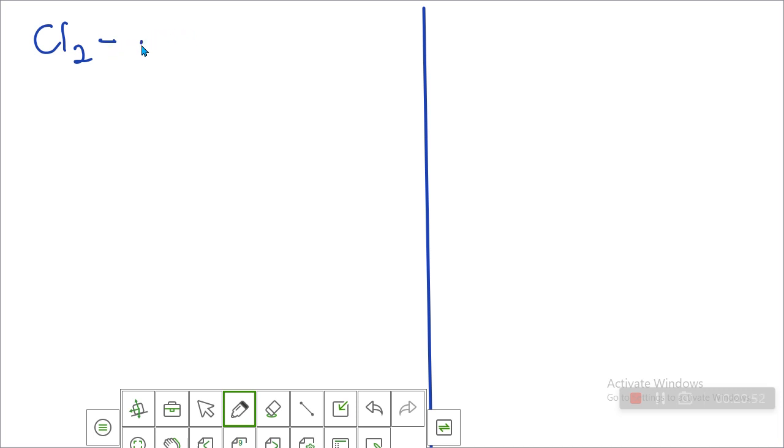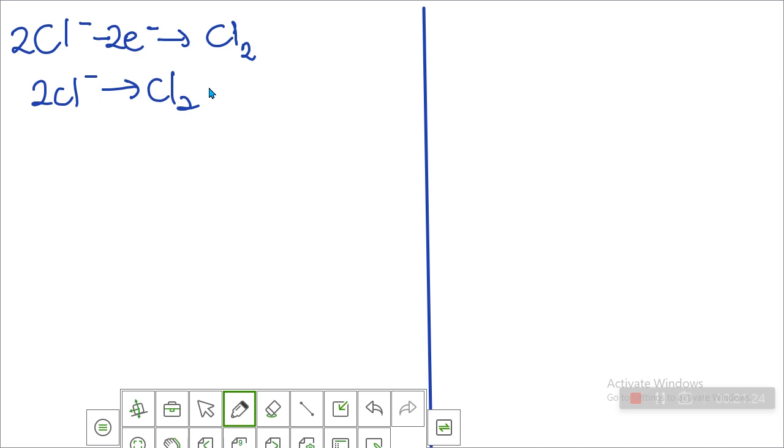Chlorine carries minus, so minus e minus, don't forget. Chlorine cannot stand on its own, so we write Cl2. To balance, we put 2 here. It will now have 2 electrons because 2 times minus 1 is minus 2, so you put 2 here. In chemistry, putting minus doesn't make much sense. So it will now be 2Cl minus gives Cl2 plus 2e minus.